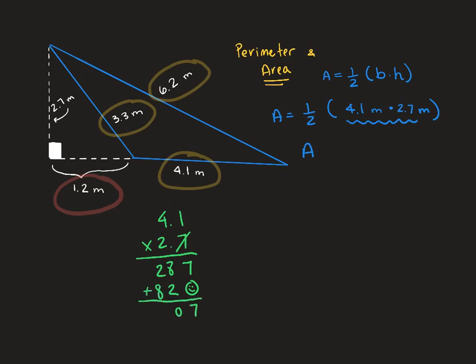It's going to be 7. 10, carry the 1. 10, 11. And it's going to be 2 decimal places. So my answer, for at least this inner part of the parentheses, is going to be 11.07. You're going to get half of that, so that means dividing it by 2.